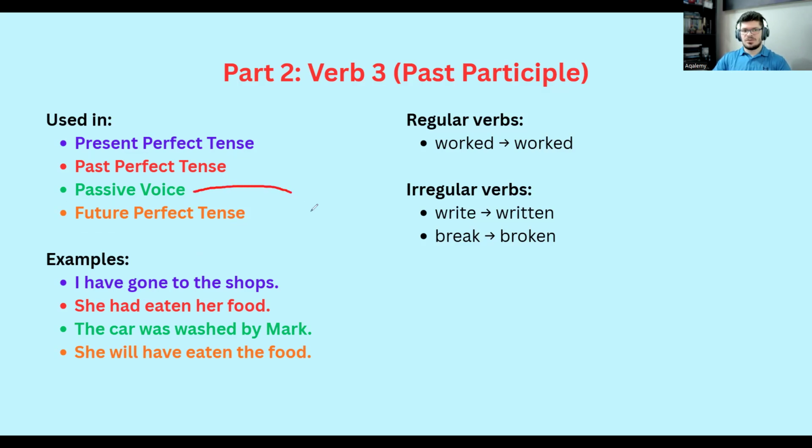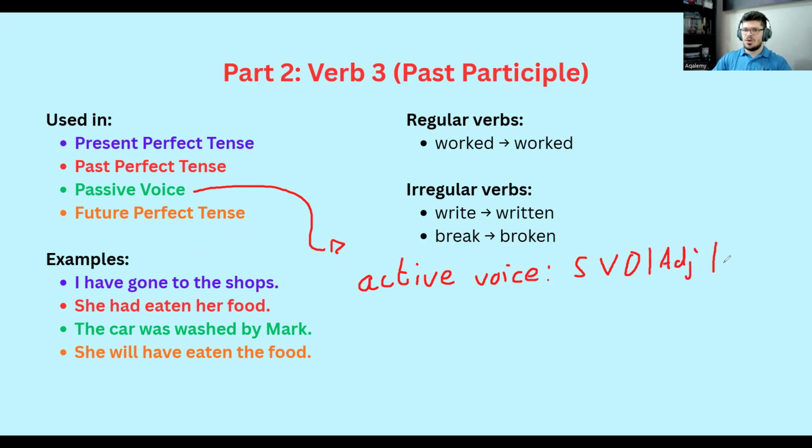Before I continue, let's look at this one. When I speak with active voice, it has a structure. I use subject first in most situations, then I use verb and object. Or sometimes I use an adjective at the end or an adverb at the end.